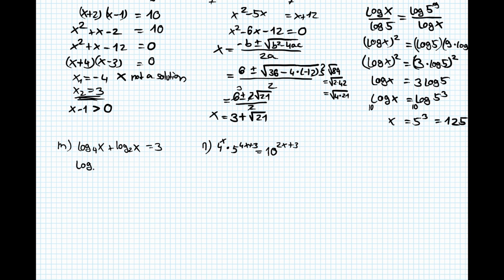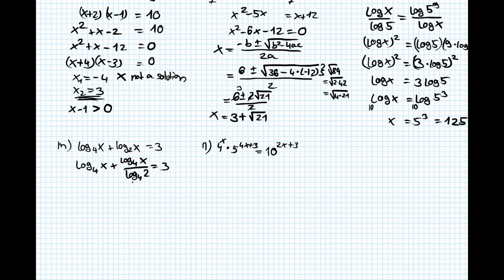So let's keep the base 4 here. And then this one we can rewrite as log base 4 of x divided by log base 4 of 2. It's to 3.